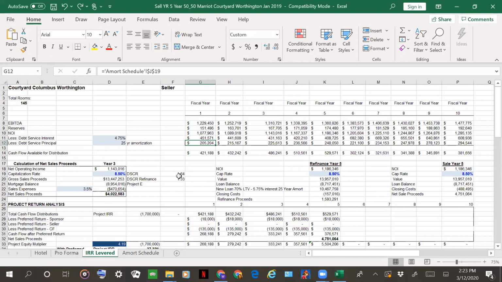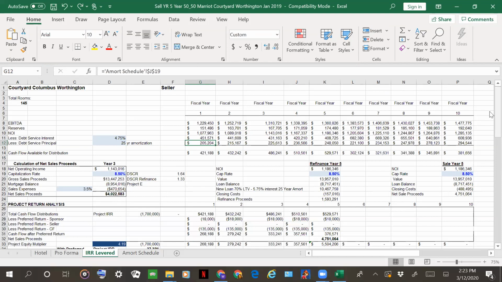If you're at 1, you're at 100%. You're just breaking even, just making the bank rich, but not you. The bank wants 1.25, which means you're making 25% more than what your debt service is. In this particular example, we're making 64% more than what the bank requires.